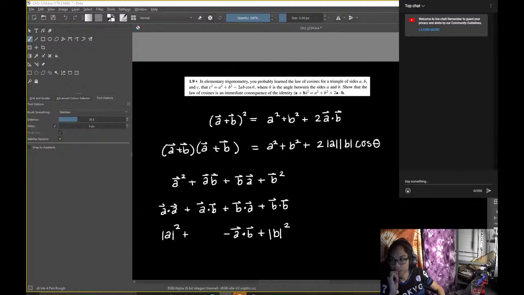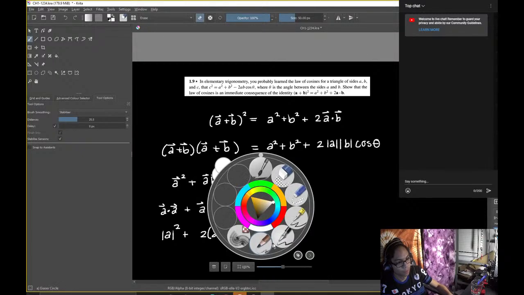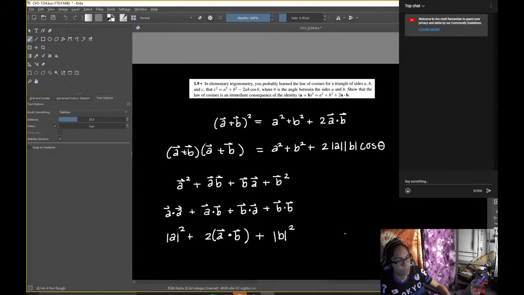Negative 2A B. Let me try to figure this out. Okay, these guys should be the same. It's not gonna make it negative. They're both basically the same, so it's plus 2A dot product B. Okay, I almost had that mistake. That's okay. We got it.